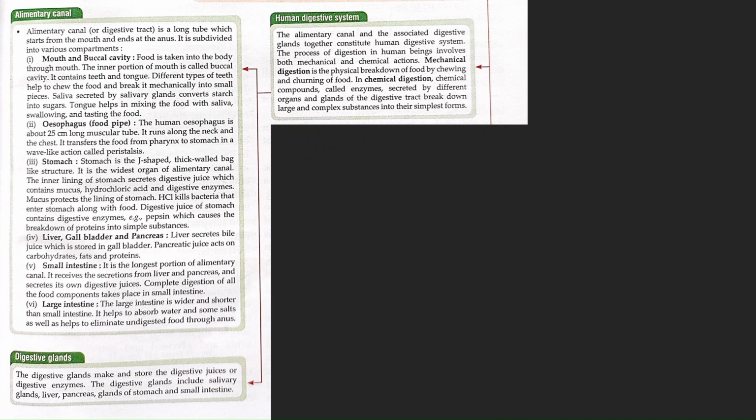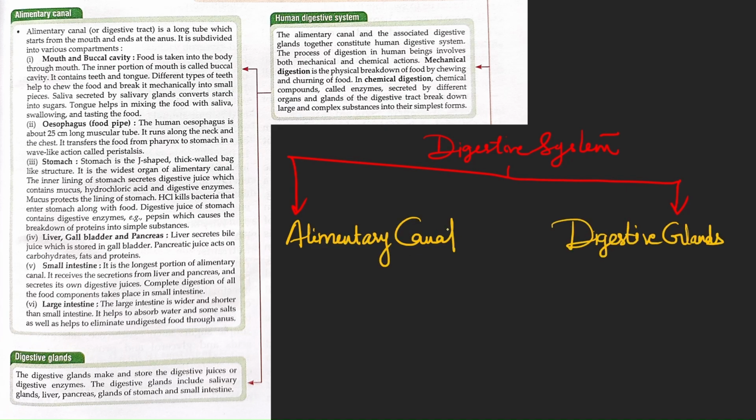The human digestive system is divided into two: the alimentary canal, and the digestive glands. The alimentary canal is also called the digestive tract. Let's see this in detail.